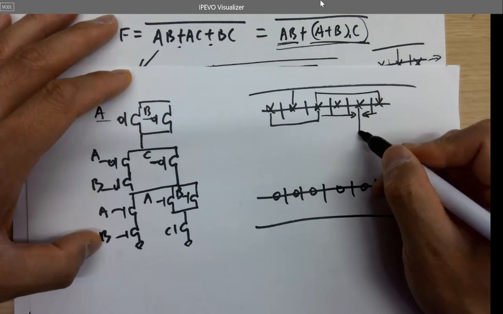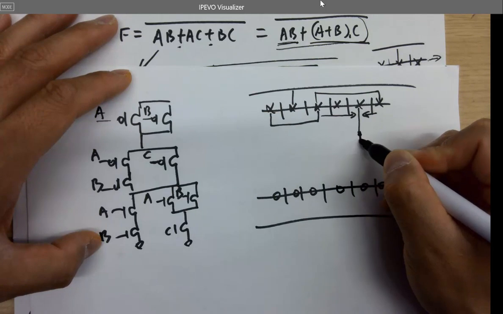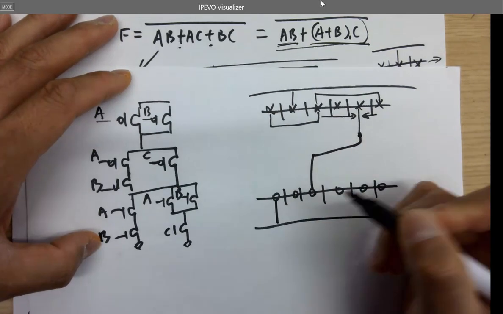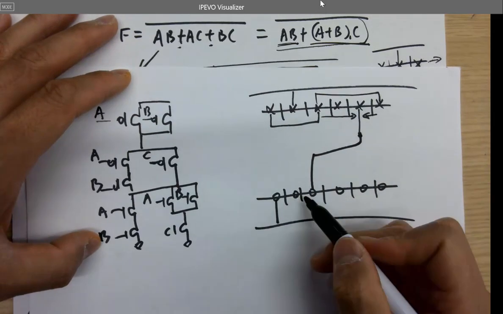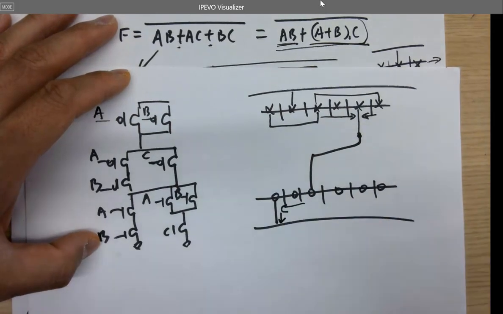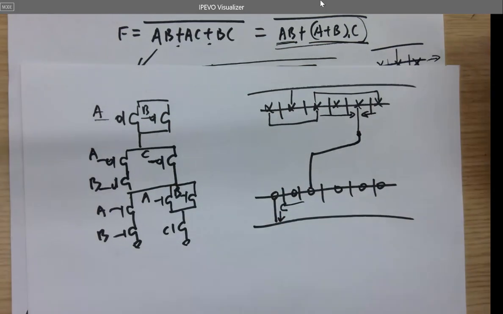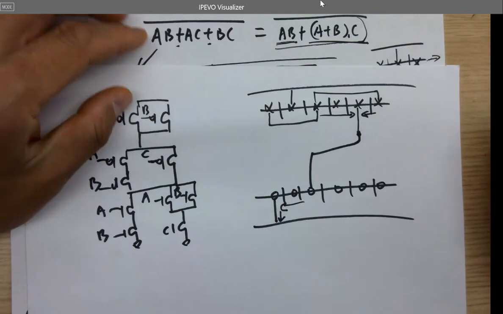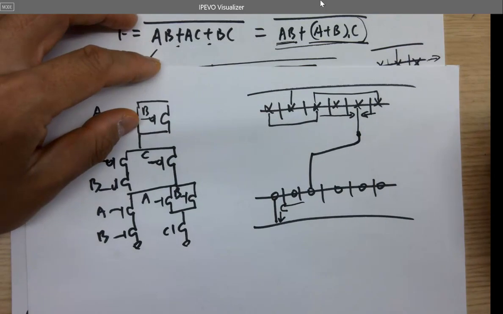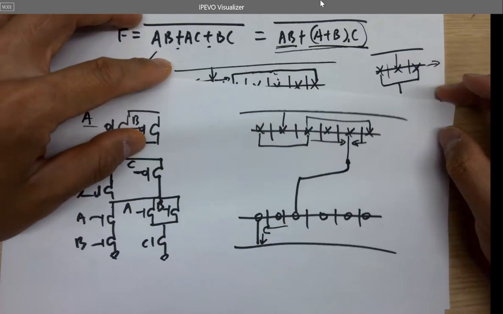Now you have A B in series, go to ground, just do this, right? So A B in series goes to ground. And then A B in parallel, and then connect to C. Would that be easy to do? Seems like we're seeing the same problem again, right?